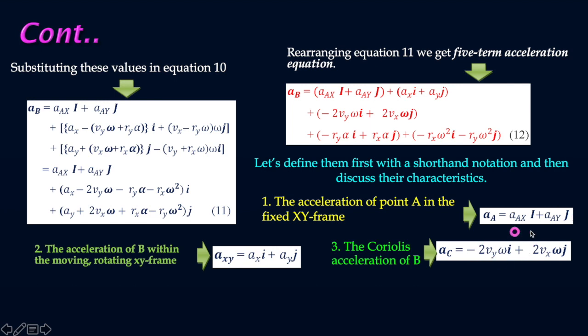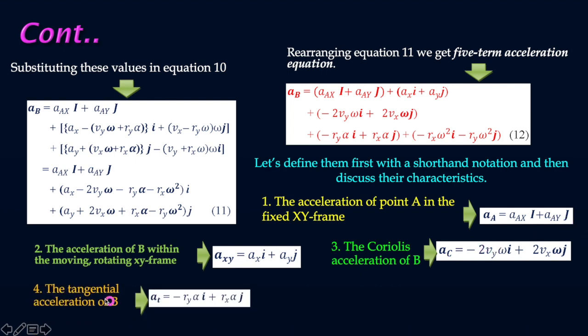This is a function of omega. This acceleration component is well known as the Coriolis component of acceleration, AC. This component is a function of omega. Separately, I will discuss in detail this Coriolis component of acceleration. Now, this acceleration component is a function of alpha.